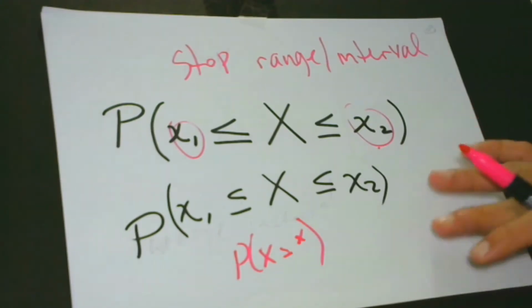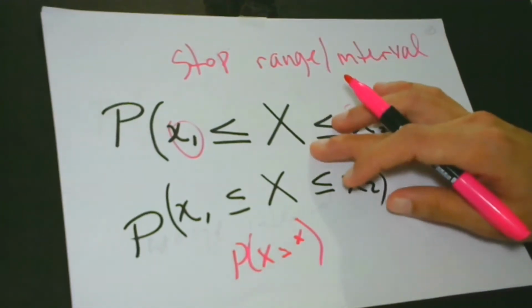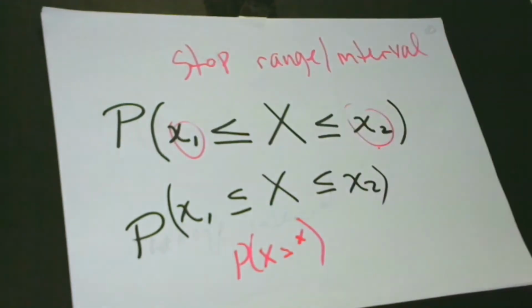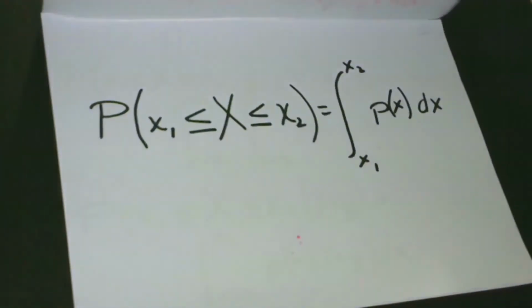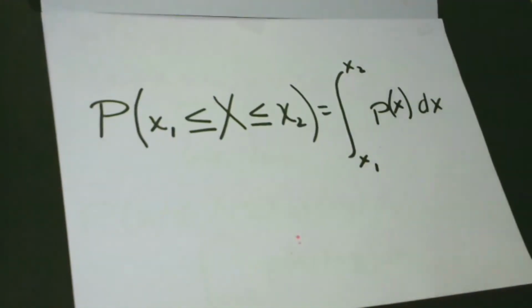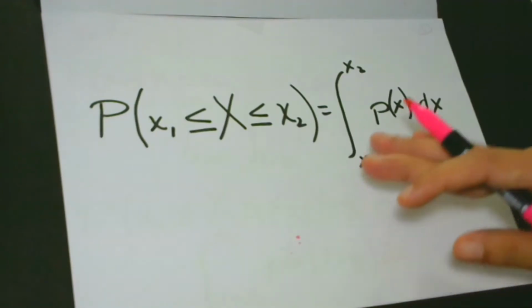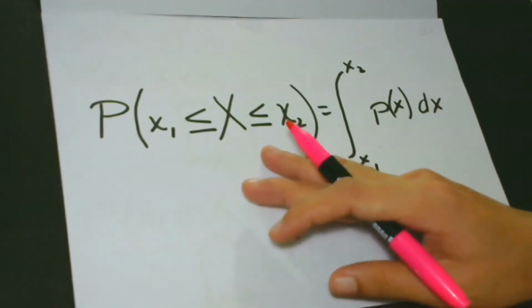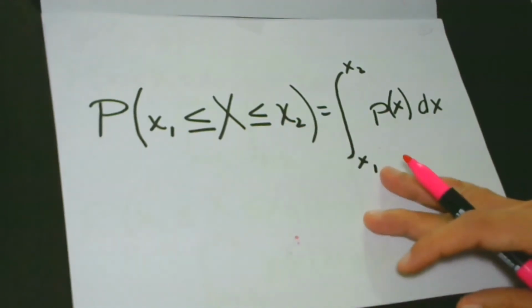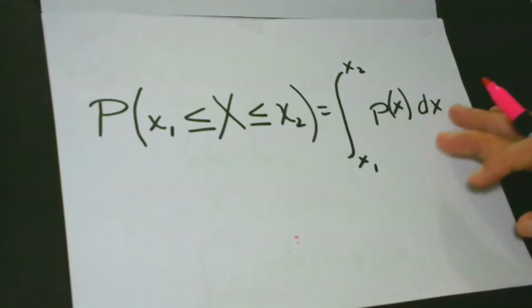So for us to compute the probability that x can be found in a certain range, so in this case, for example, x1 to x2, we're going to compute a definite integral with respect to x over this range. So this definite integral from x1 to x2 of p(x) dx.